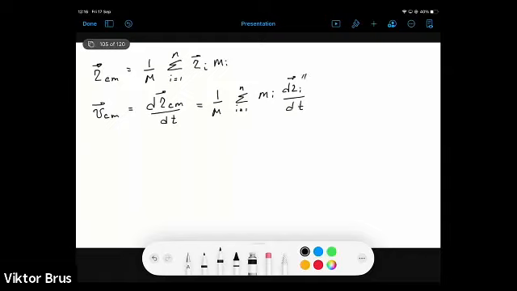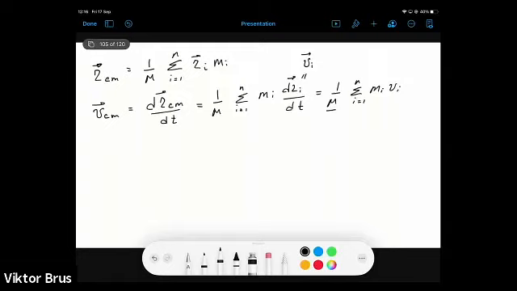This will be the velocity vector of each body, and we can eventually write 1 over total mass, sum from i equal 1 to n, of m_i times v_i. So this is how we get the velocity vector of the center of mass.